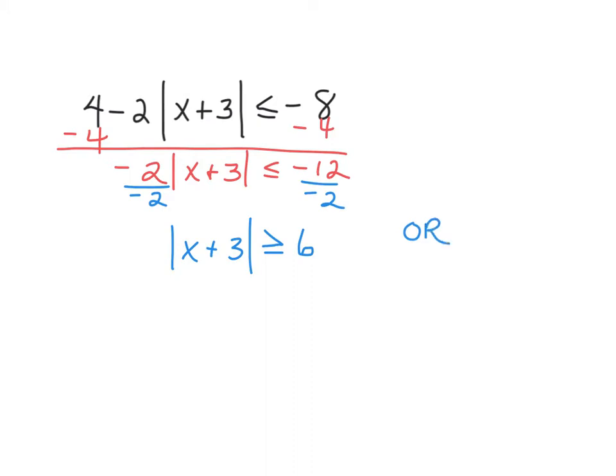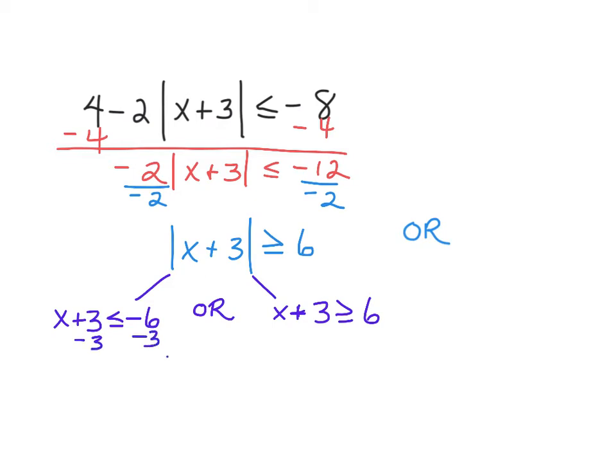And my or statement is going to be x plus 3 is greater than or equal to 6, so kind of as written. Or, same thing, x plus 3, but now it's going to be less than or equal to the opposite of 6, so going to the other end of the number line. And now I'll solve. Subtracting 3 gives me x is less than or equal to negative 9.